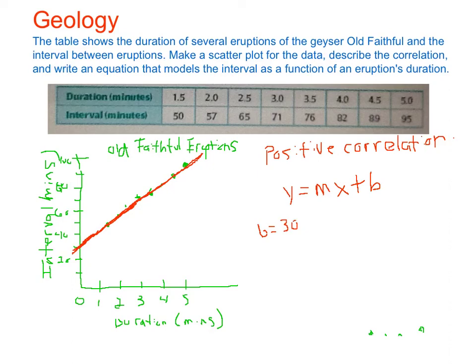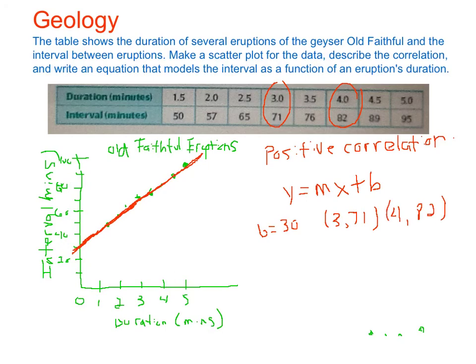Now we need slope. Well, we got some points up here in the table. I'm going to pick two. These 2 points here. So that'll be my x1, my y1, my x2, and my y2. So I've got this point 3, 71, and I got this point 4, 82.